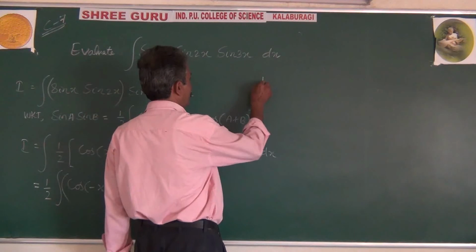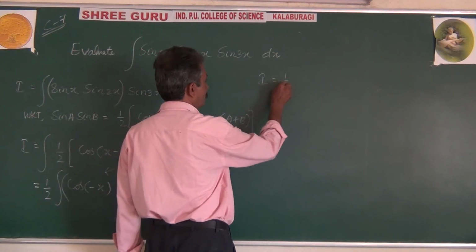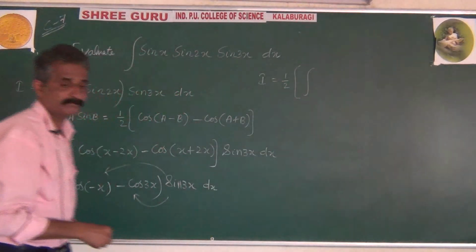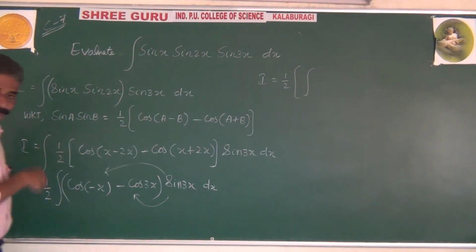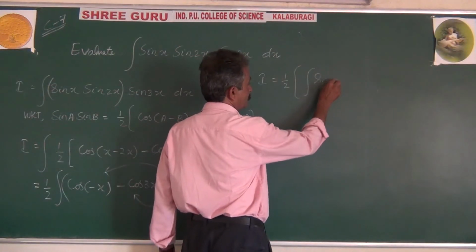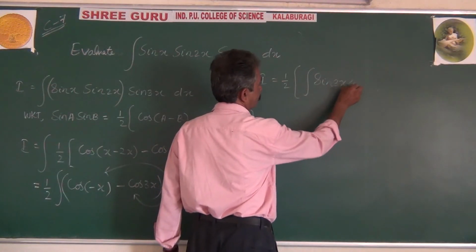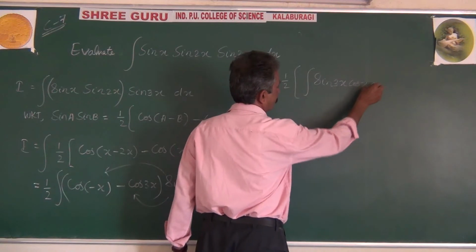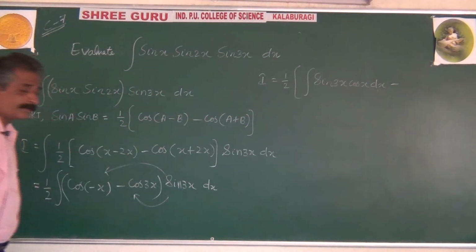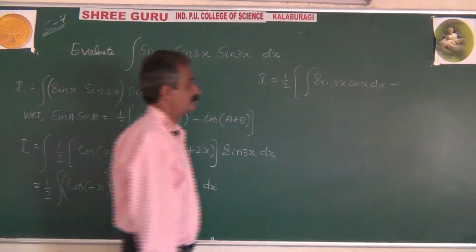Hence I equals 1 by 2 bracket integration. The first term will become sin 3x into cos x, and the next term will become sin 3x into cos 3x.